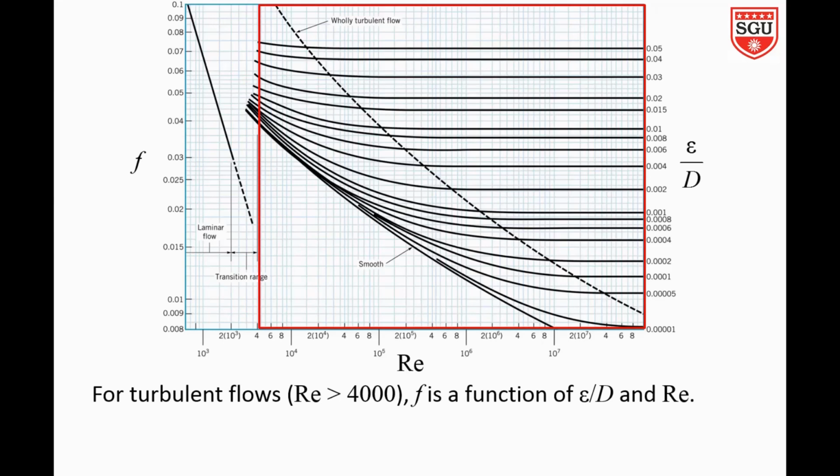The only way to plot a function of two variables on the two-dimensional graph is to hold one variable constant while varying the other. In case of Moody chart, Reynolds number is varied by holding the value of the relative roughness constant.